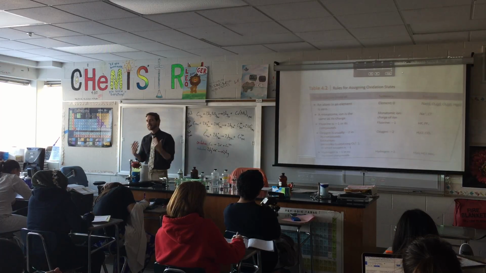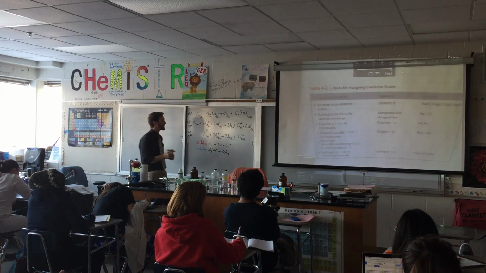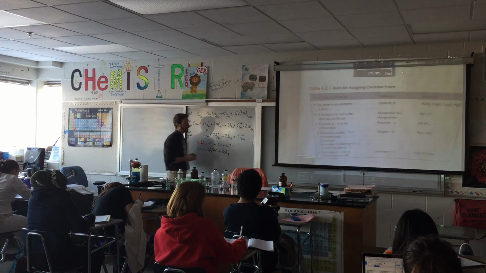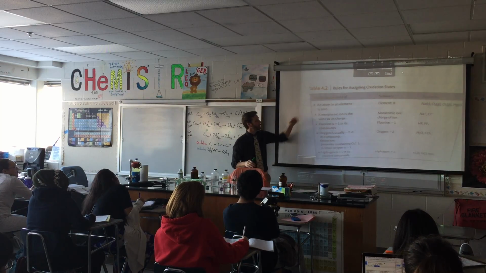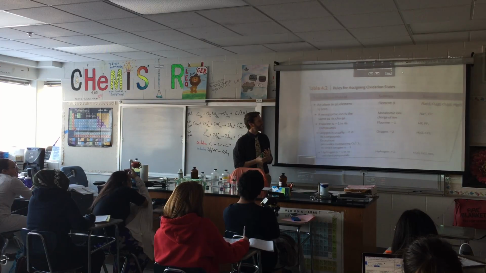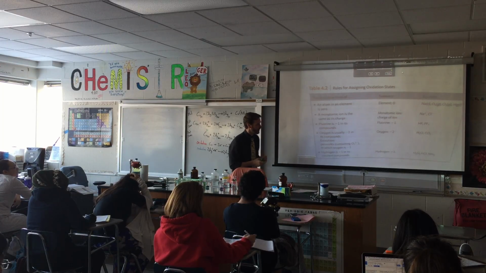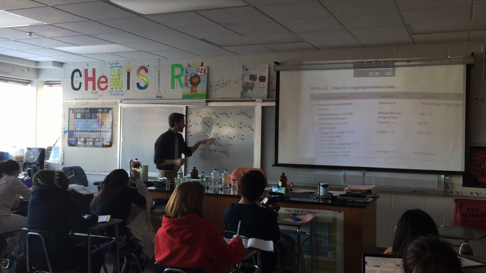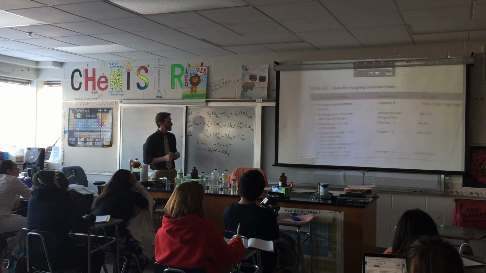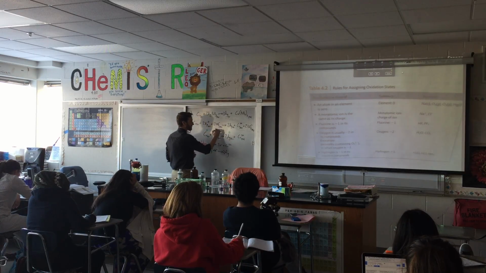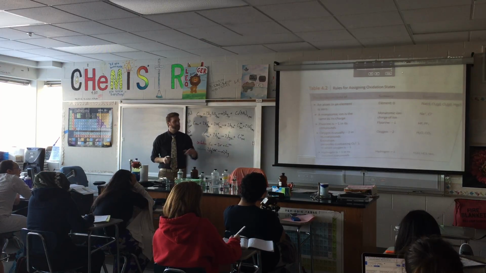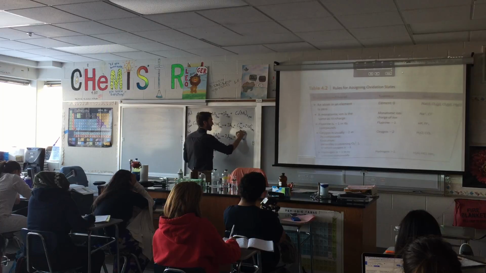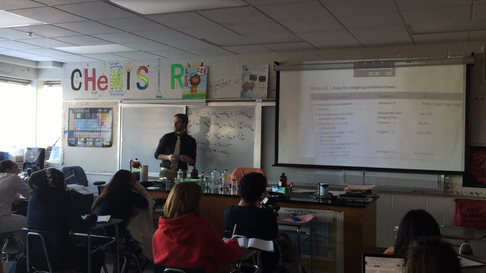Silver on this side is in its normal elemental state, it gets an oxidation number of 0. Second rule is that a monoatomic ion's oxidation number is the same as its charge. So silver here, its charge is 1+, its oxidation number is +1. Over here, copper 2+, its oxidation number is +2.